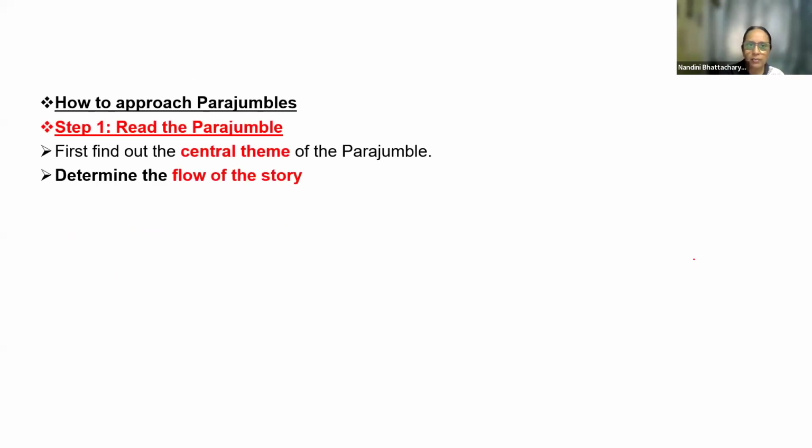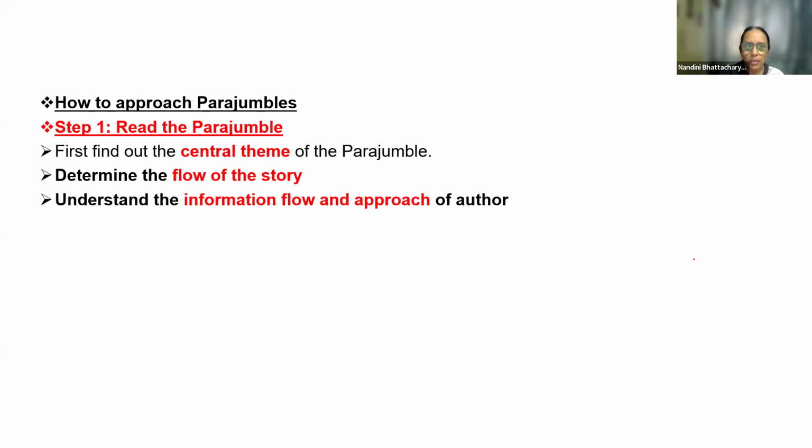Read the parajumble. What is the central theme? Look at the flow. Understand the information flow and approach of the author. When you talk about information flow and approach of the author, the logical flow or the chronological order, any of those can come in.